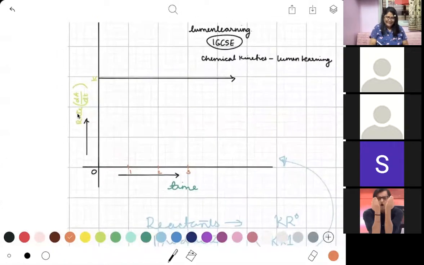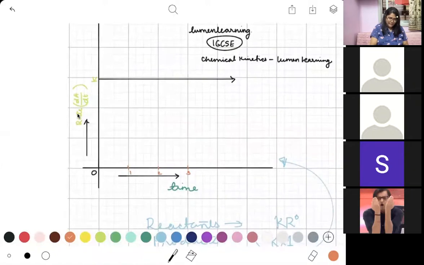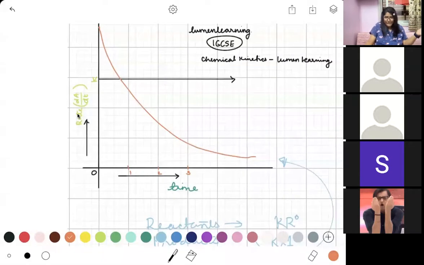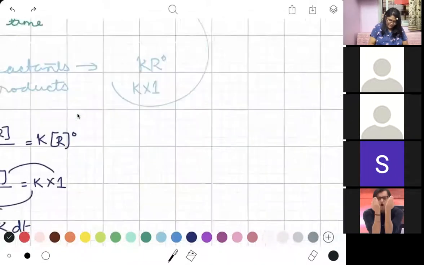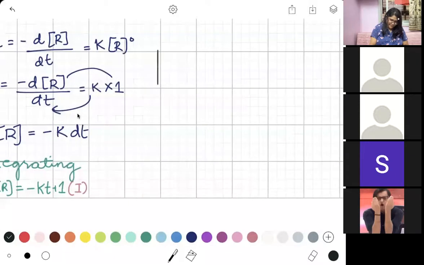And then as time passes, the concentration of my reactants is going to go on declining. Does that make sense? Does this particular sentence follow through with what I spoke? At 0, the concentration of reactants is higher. As time passes, the concentration of the reactants will go on decreasing, which means that I could look at this graph in another way and I could draw it in this particular manner. So we're going to take this over here. We're going to make another graph.